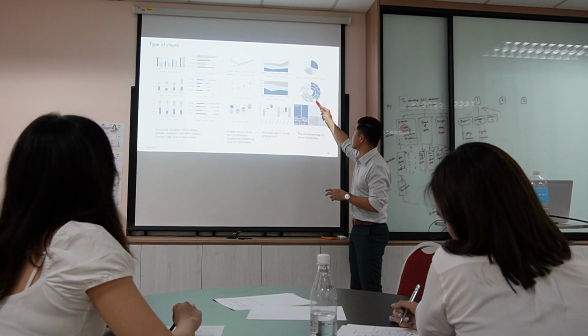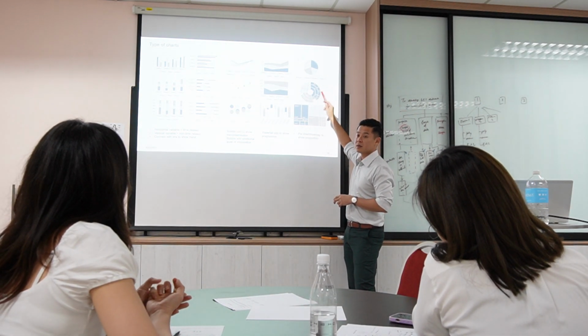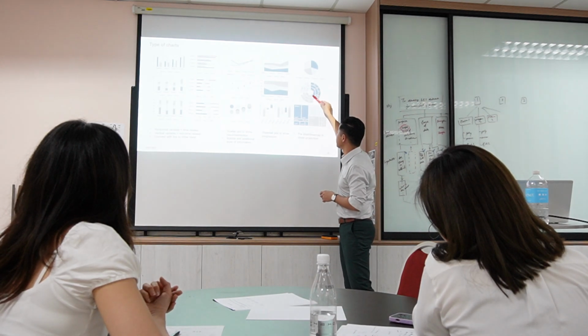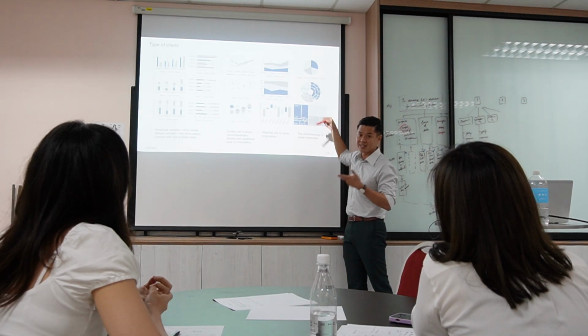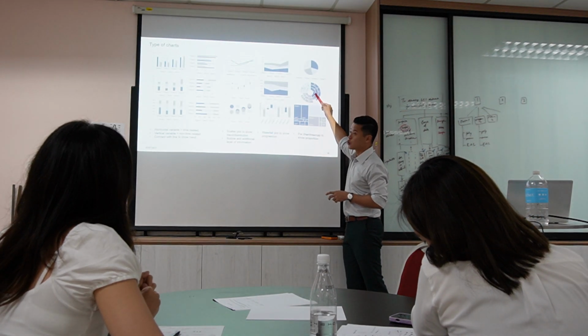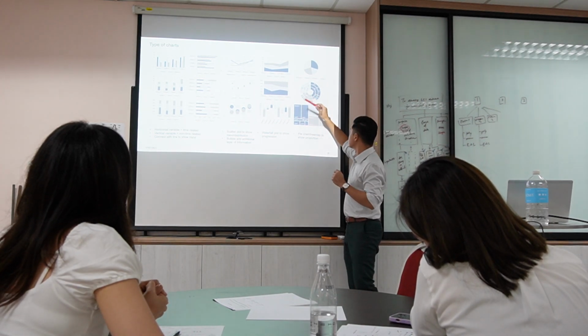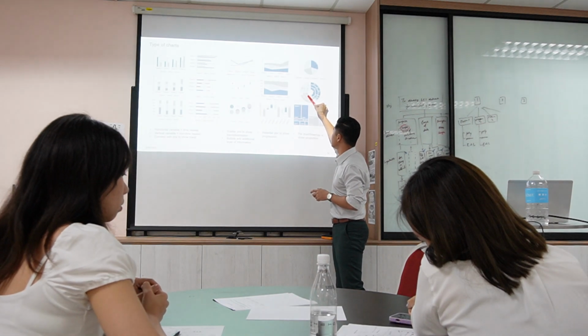And if we add an additional layer to the pie chart, we get a sunburst. Sunburst basically means inside here is still a pie chart. In this case, there are 3 key drivers, let's just call it the input.